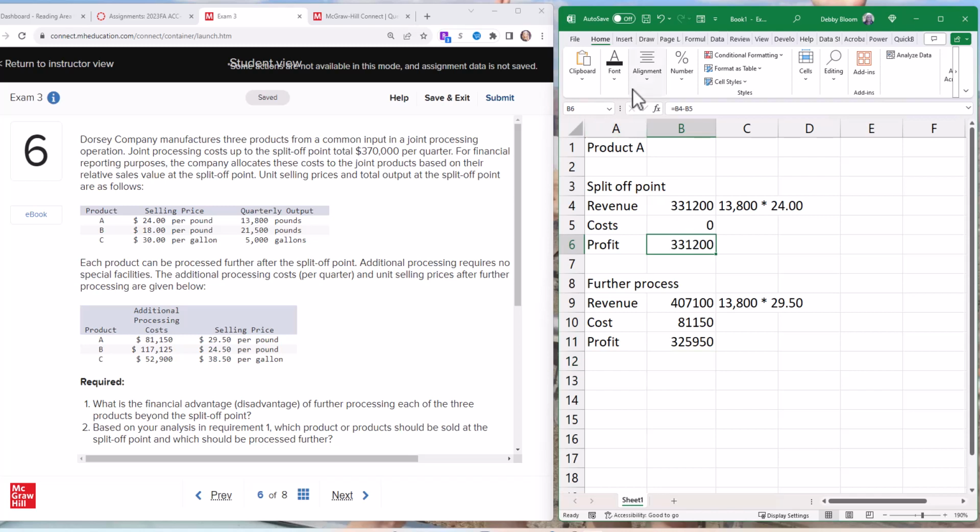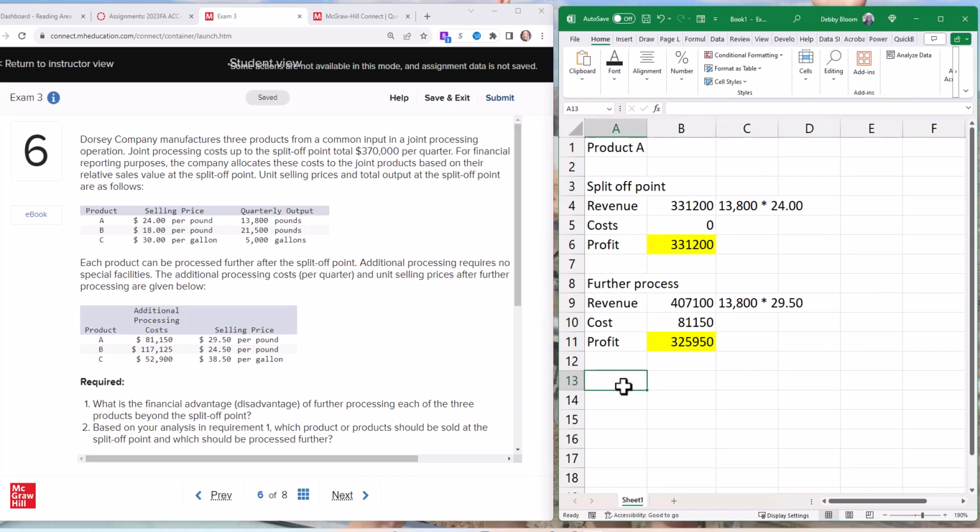So now looking at this, we're going to compare these 2 numbers, and we're just going to ask whether it's better to make 331,000 or 325,000. So it looks like it's going to be better to sell this one at the split-off point. So they're asking us for the advantage or disadvantage.